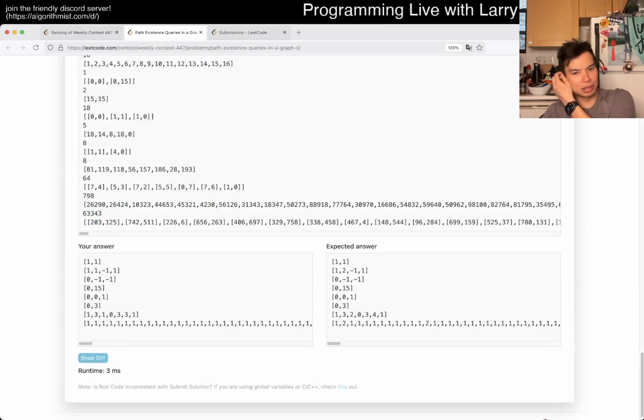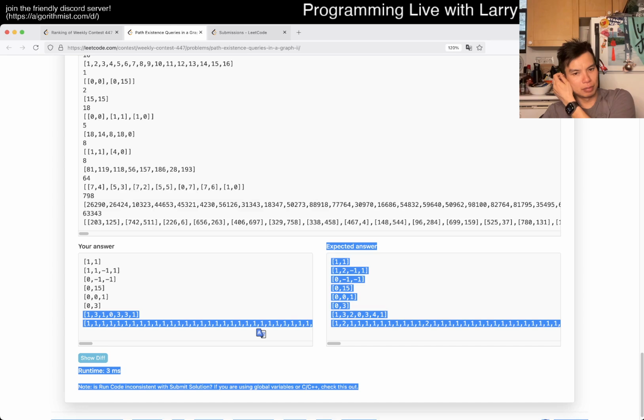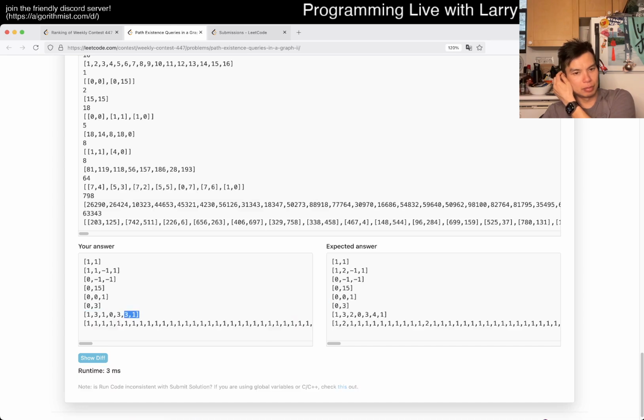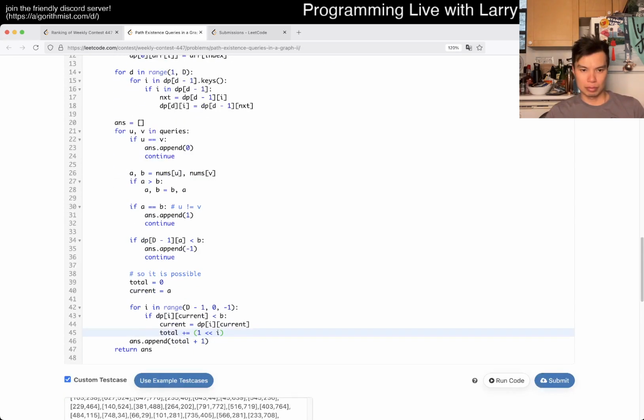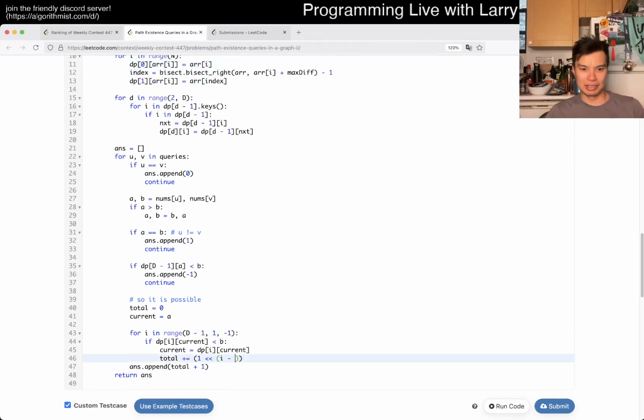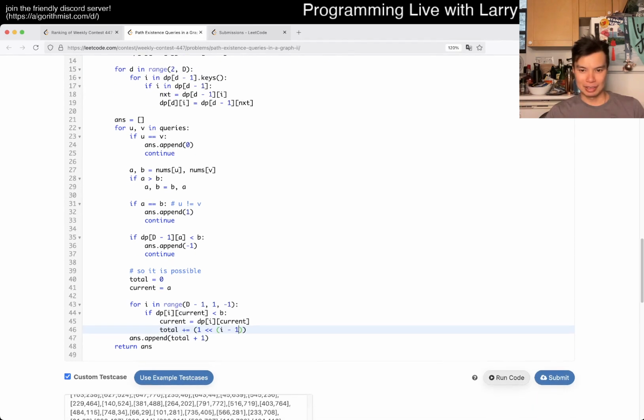Oh, this is also still wrong. I don't know anymore. Let's put it back to the good state. Oh, because now the plus 1 is not factored in.